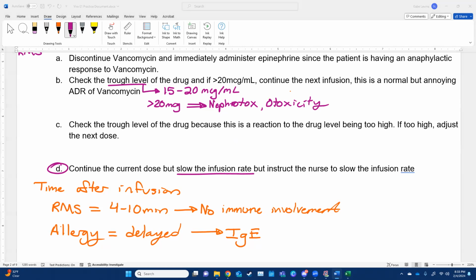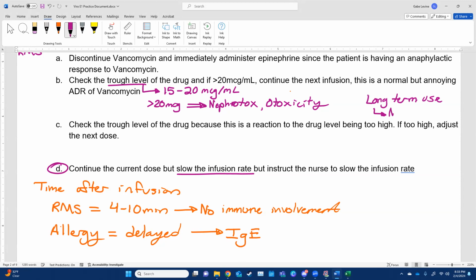What else are we worried about with vancomycin at really high levels? Neutropenia. Yep. Neutropenia is more for long-term use.